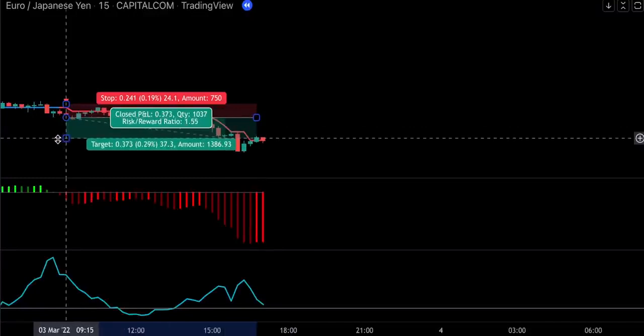Our risk reward ratio on this trade is 1.55, which is not bad at all. Remember, you can add a different exit indicator like a parabolic SAR, which would probably work a bit better. But in that case, you will have to purchase a premium subscription on TradingView.